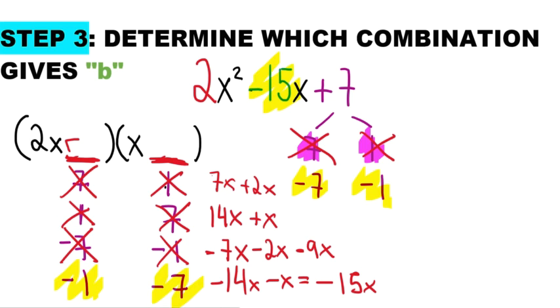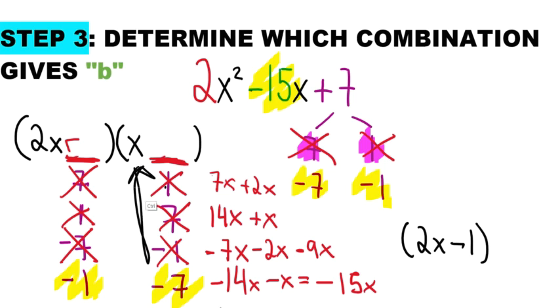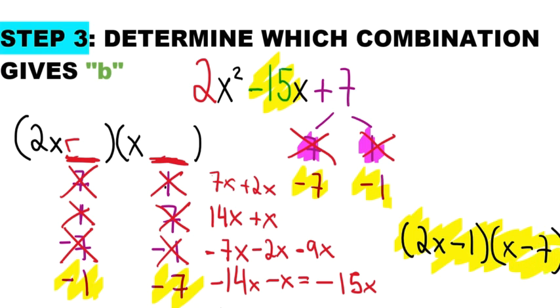Exactly what we were looking for: open brackets, 2x, and we knew that -1 was going to go there, so 2x minus 1, and x minus 7. Okay, perfect. This will be our factoring of the trinomial, of the quadratic: 2x minus 1 and x minus 7.